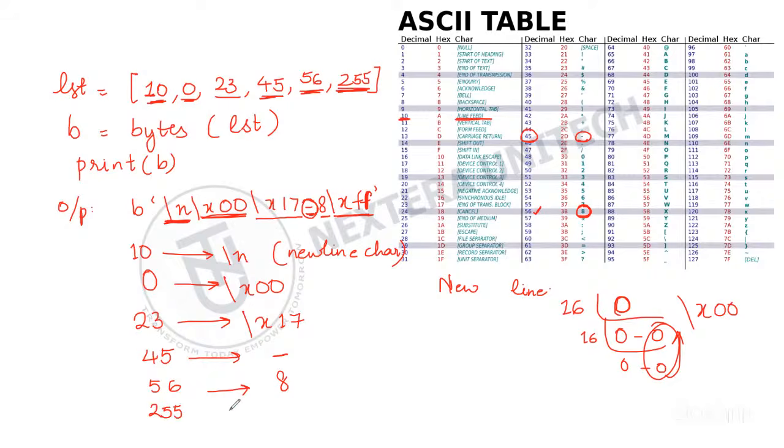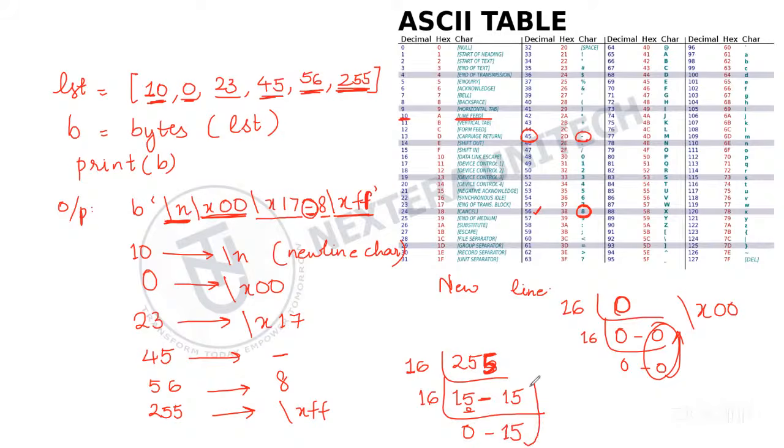So why do you think you have \xff? That is the hexadecimal representation, right? If you take 255 and divide by 16, 16 fifteens is 240 and the remainder will be 15. Again, you divide by 16. 16 zeros are 0, and the remainder will be 15. So again 15.